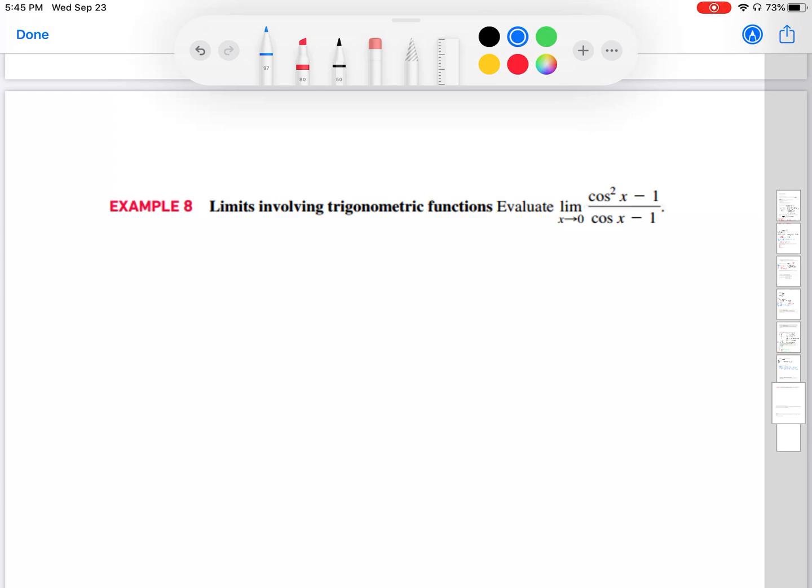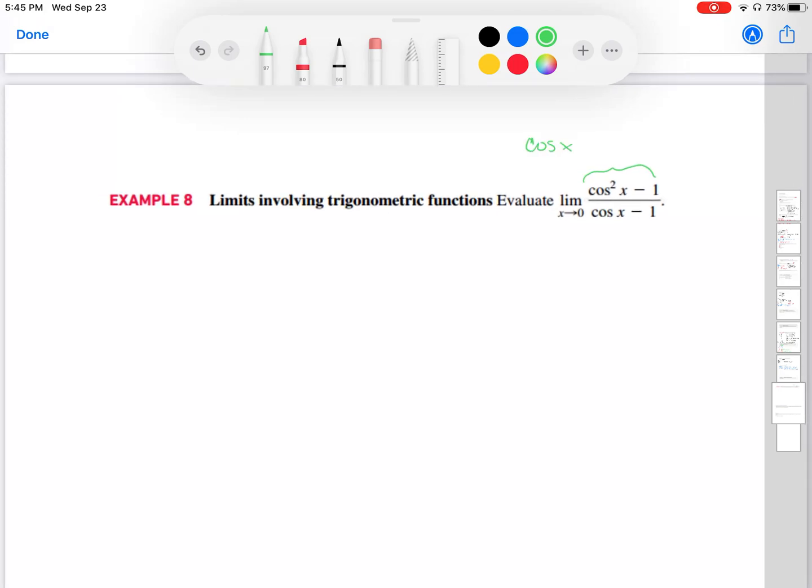All right, so before starting, we see that we can simplify our numerator. We can factor it, right? Think of differences of squares. So my numerator can be written as cosine of x plus 1 and cosine of x minus 1.